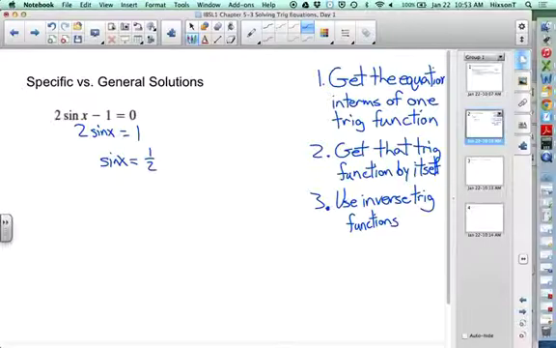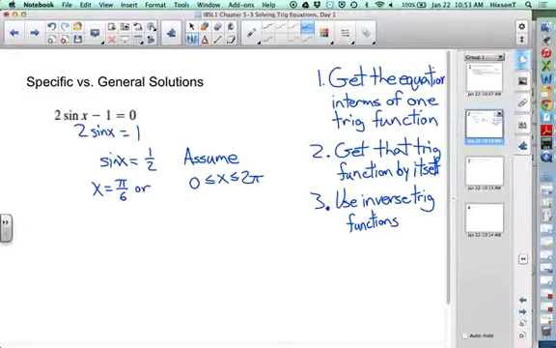Now, since we weren't given anything else, we're going to assume that x goes from 0 to 2 pi. So again, now we're using our inverse trig functions, and we're doing it in our head because this is from our unit circle. What angle has a sine equal to 1/2? 30, which in radians is pi over 6.